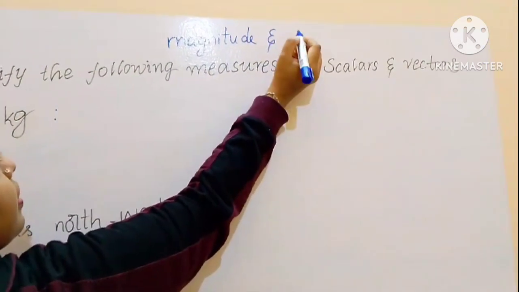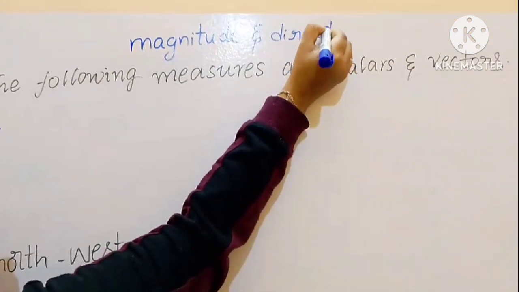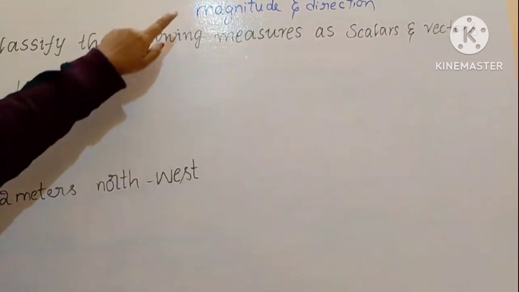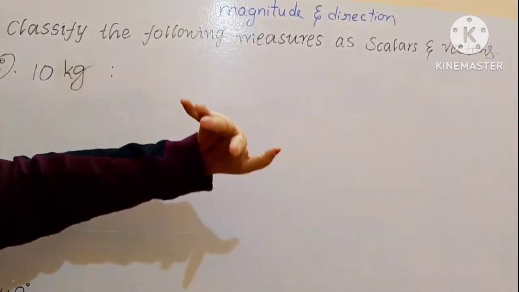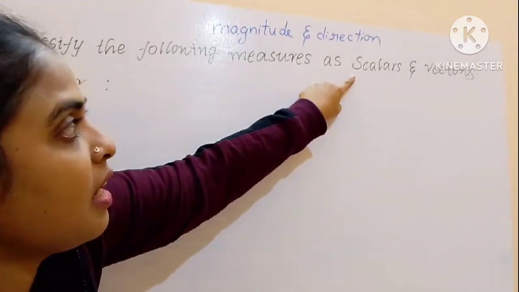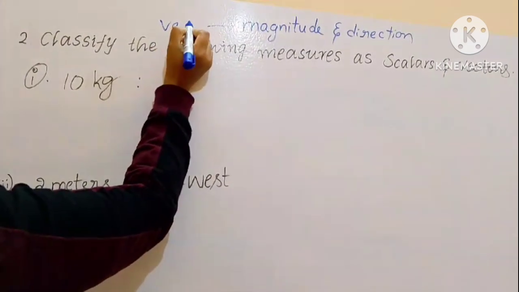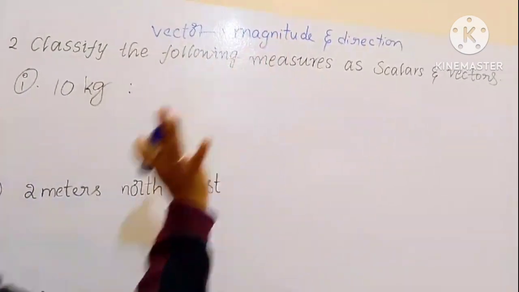A physical quantity, when it has both magnitude and direction, is called a vector. Otherwise, when it has only magnitude, it is called a scalar. Scalar means it has only magnitude.